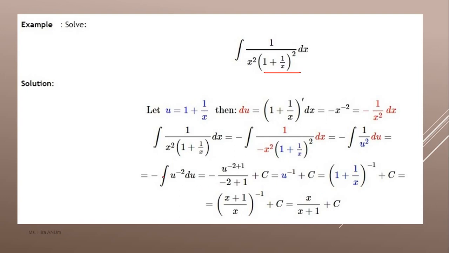This minus and this minus 1 multiply and give us a positive value. So u to the minus 1 plus c, putting the value of u and simplifying this, our answer is x over x plus 1 plus c.